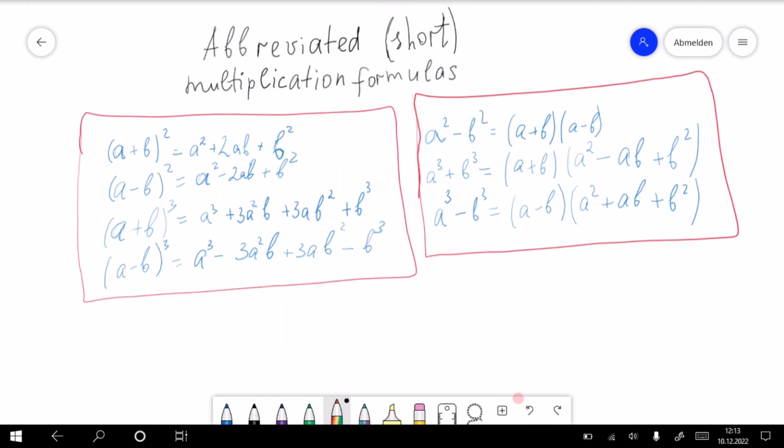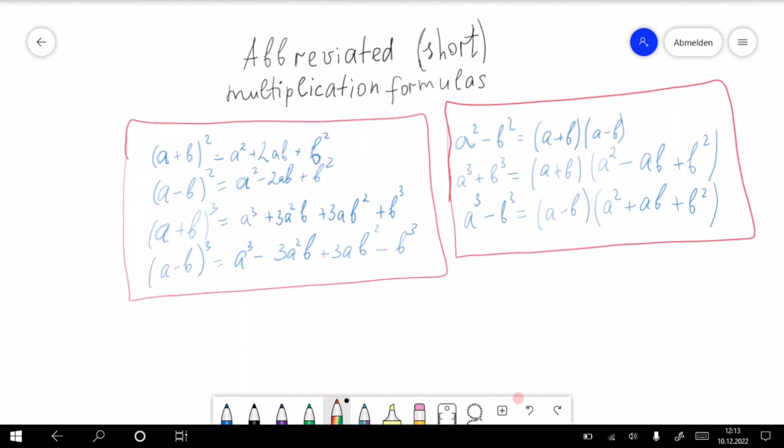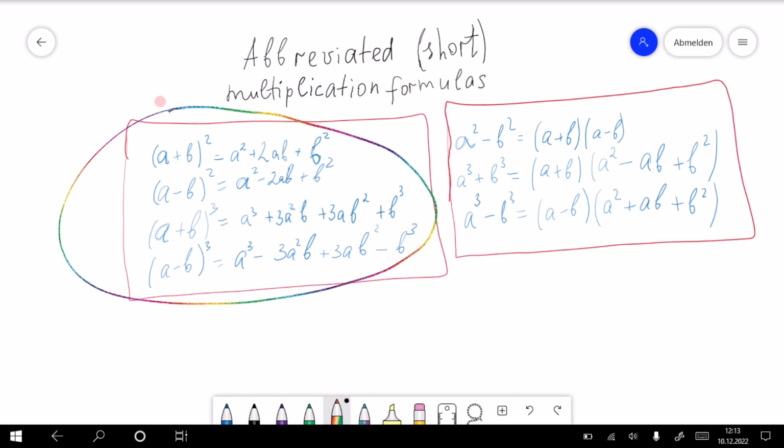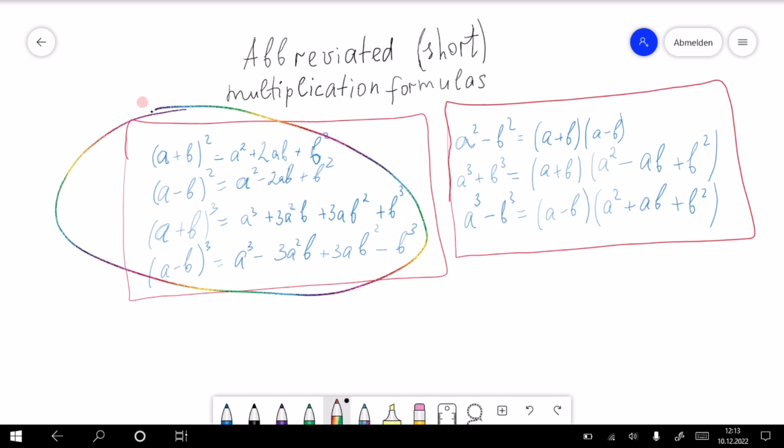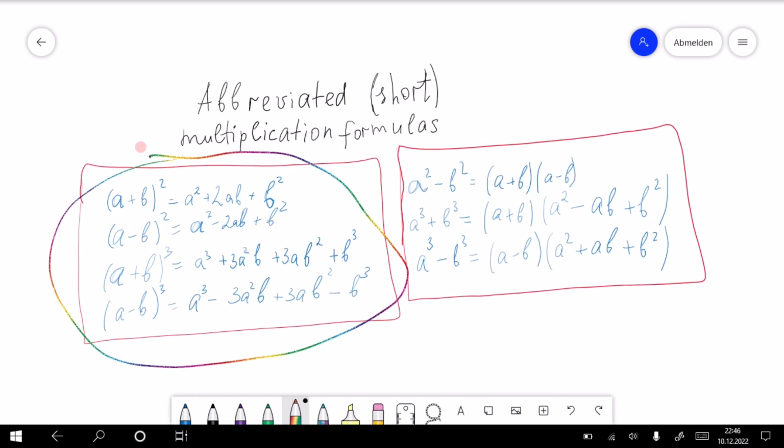Now, I want to explain why these formulas are divided into groups. All of these are short multiplication formulas, but these 4 formulas are examples of Newton's binomial. That is why I divided them in such groups, but we will talk about Newton's binomial in one of my next videos, not today.